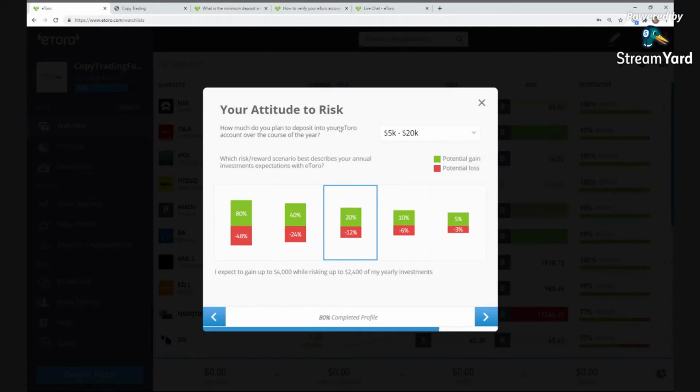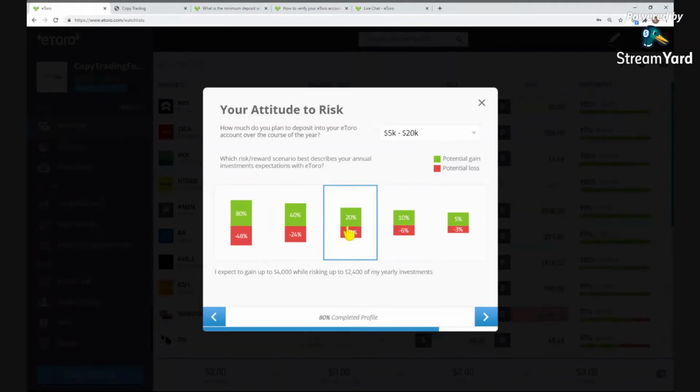This one, your attitude towards risk. How much you plan to deposit into your eToro account over the course of the year. So this year I plan to raise this account to at least 5K. So 5K to 20K is my target there. You can select whichever, up to 1,000, whichever you want. And which risk to reward scenario best describes your annual investment expectations with eToro.